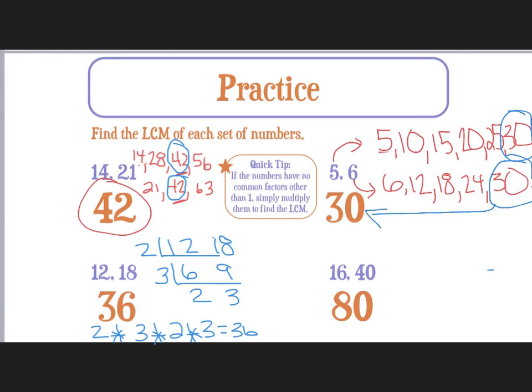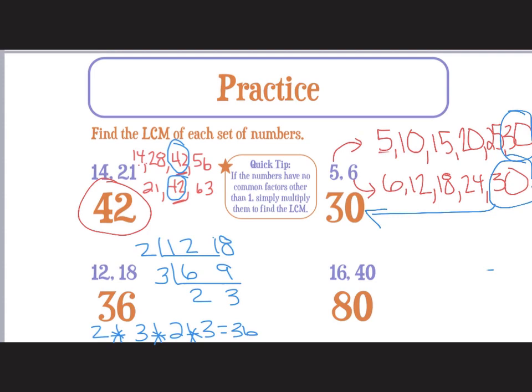So now down here on the left, I have 12 and 18, and I used the ladder method. So I wrote 12 and I wrote 18, and I put the little box, the little L. I divided 12 and 18 by 2 to start. So 12 divided by 2 is 6, and 18 divided by 2 is 9.